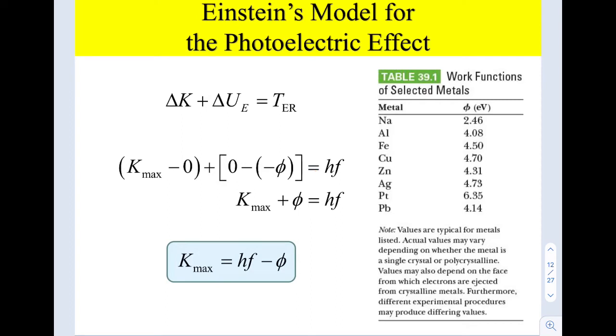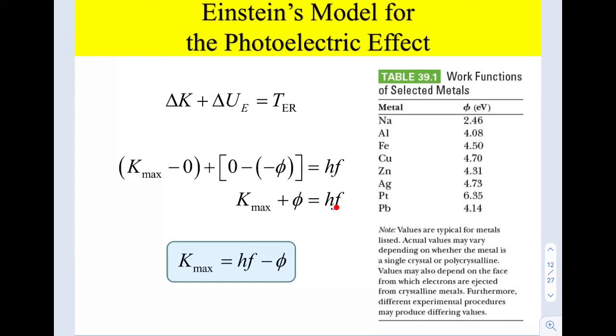The transfer of electromagnetic radiation is the energy within a photon, which is our incident light within the experiment of the photoelectric effect. From here, kinetic energy maximum plus work function is equivalent to hf.